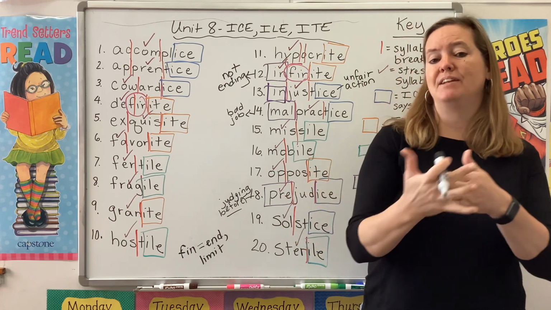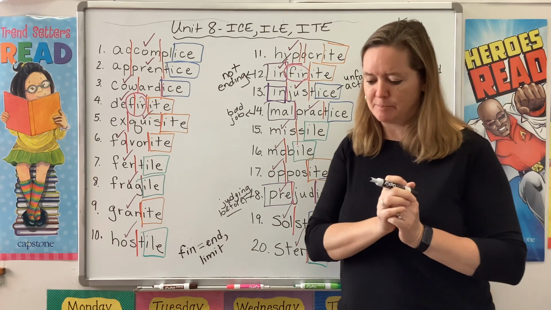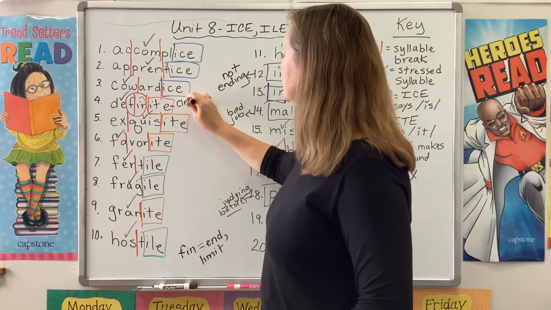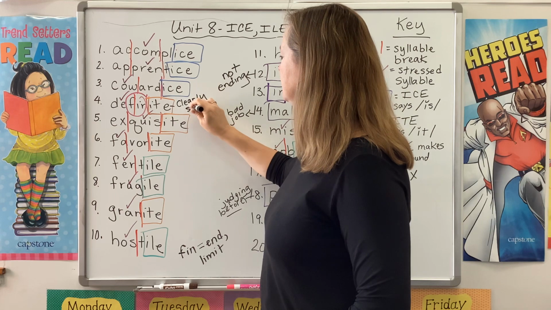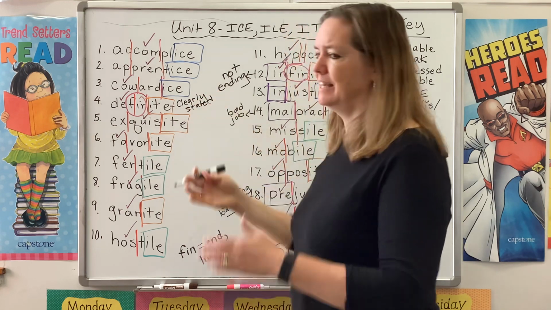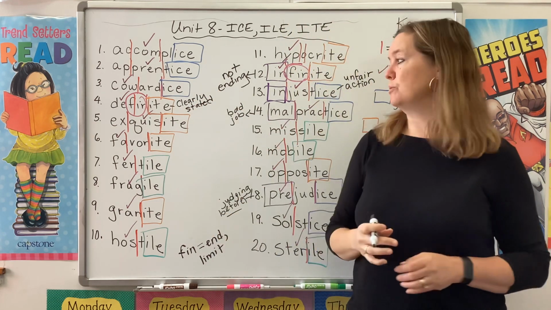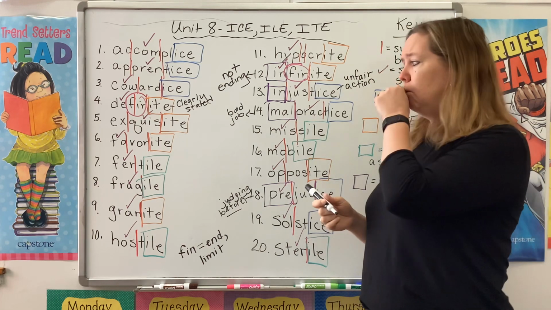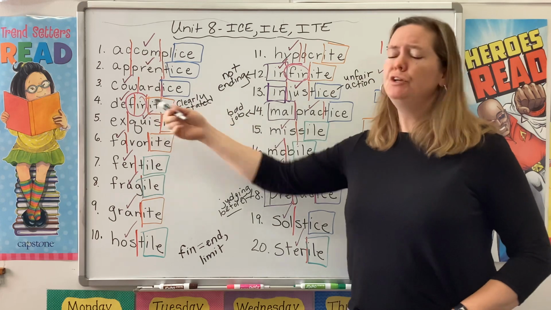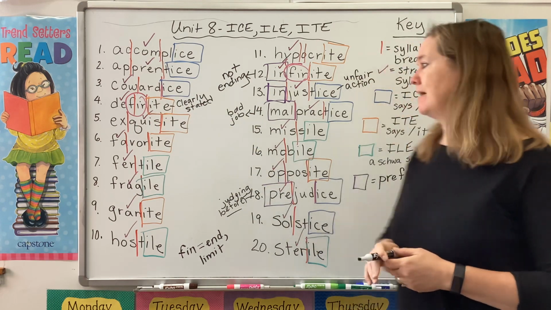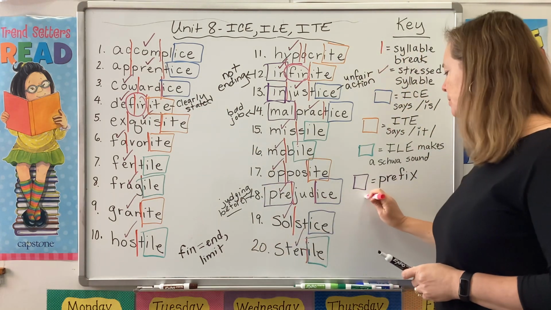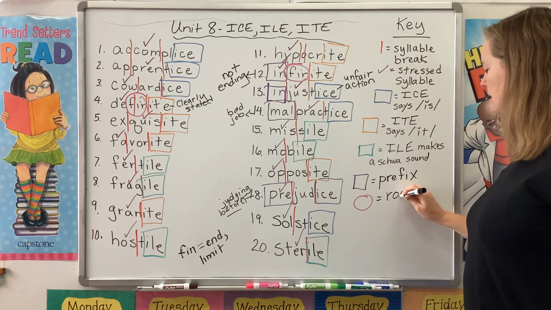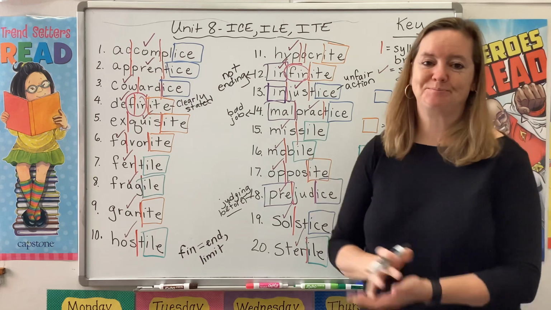I have a definite amount of money I can spend. So if something's definite, it's clearly stated. It has limits to it, okay? So when you get to page 56, you're going to see even more words that have that fin root. So pink circle equals root.